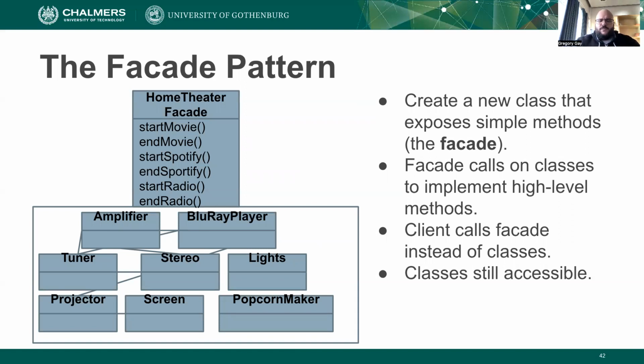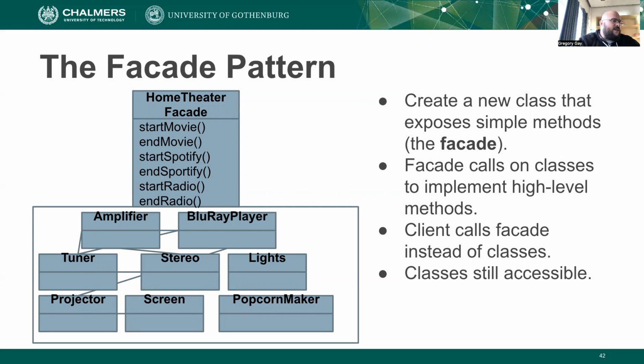Very high level pieces of functionality that we might want to perform very often. But rather than making a series of 13 method calls, we instead make one method call that triggers those 13 actions. So the facade treats these different home theater components as a black box.